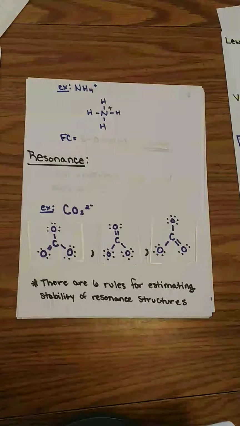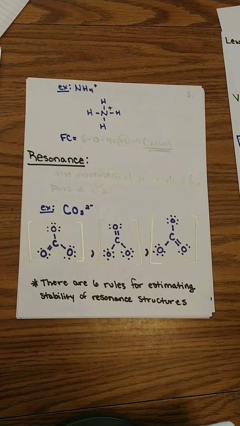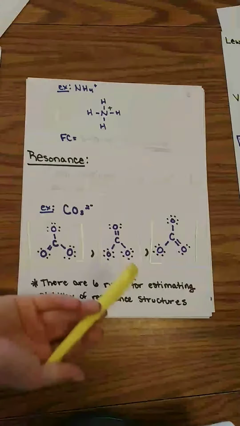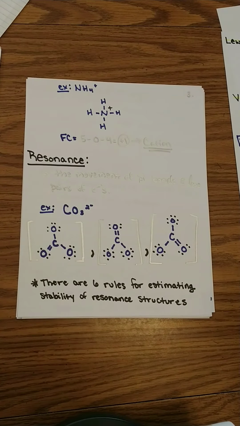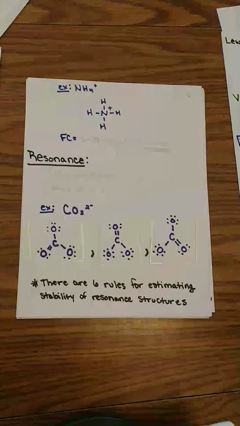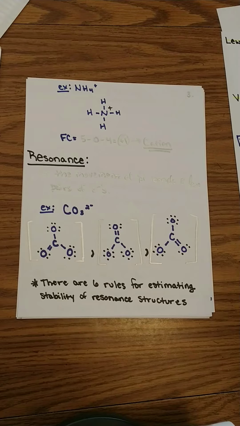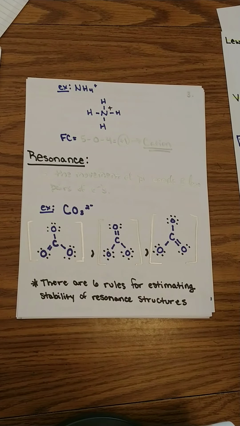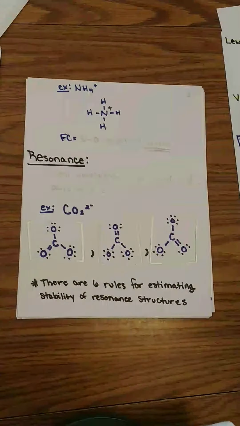Number 2, the structure with the least number of formal charges is the most stable. None of these are that way, they're all the same. So, 3, the structure with the least separation of formal charge is the most stable. 4, the structure with a negative charge on the electronegative atom is more stable. 5, positive charges on the least electronegative atom, most electropositive, is more stable.